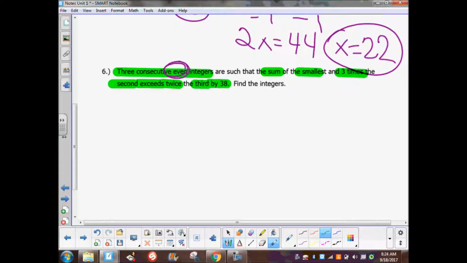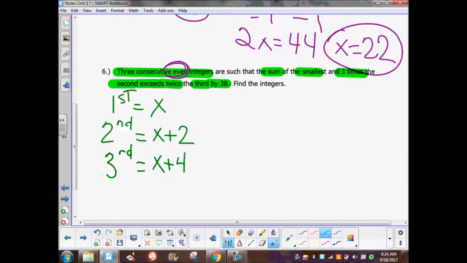So, first is x, second, x plus 2, third, x plus 4. All right, so I'm going to pause, and I want us to write the equation.